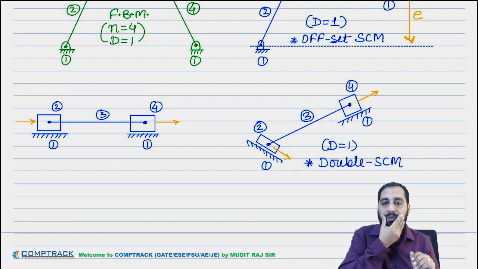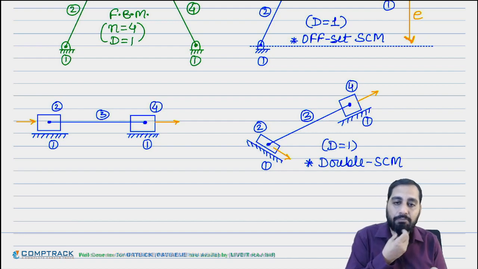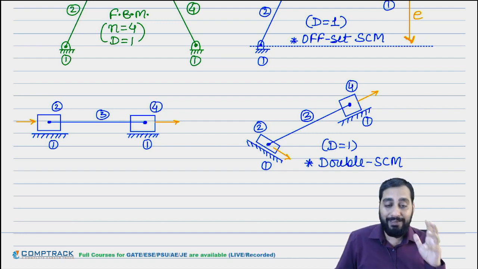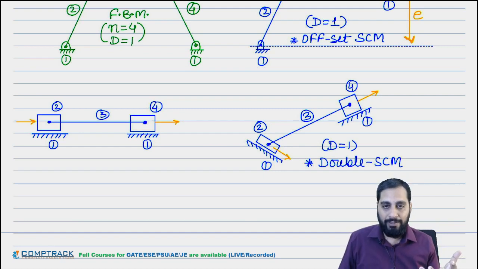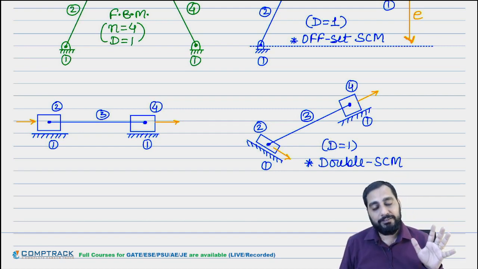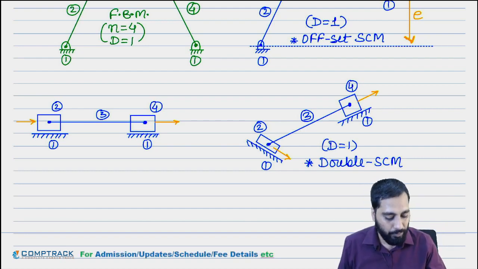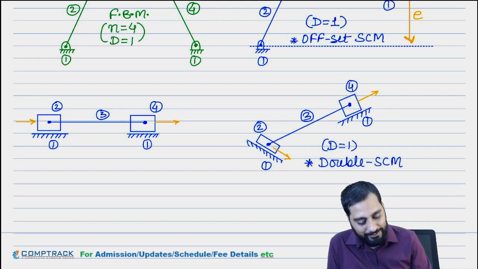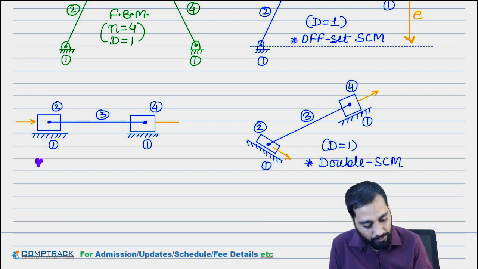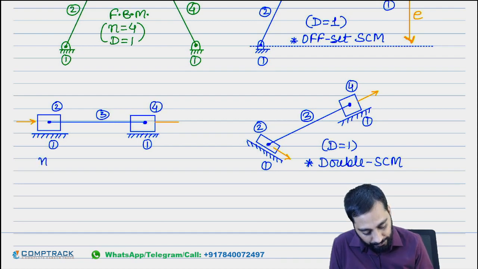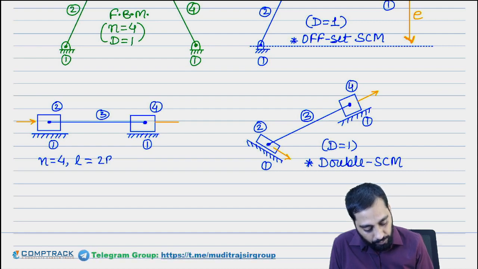So here also, practically the purpose is not solved. That's why it is not a mechanism practically, but theoretically it is a mechanism. Getting the point or not? Theoretically it is a mechanism. You can check, n is equal to how much? N is 4. How many lower pairs? 2 revolute plus 2 prismatic, so total 4.